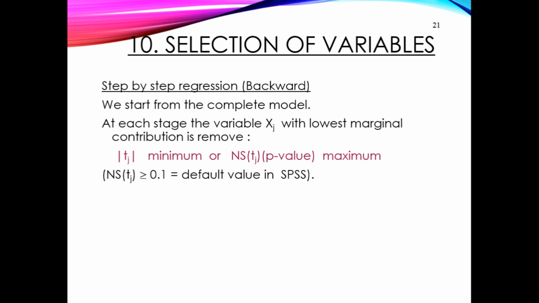In SPSS, for example, the threshold is 10%. So we will remove step by step the variable that has the highest p-value until at the end we have all of our variables significant at least at the 10% threshold.